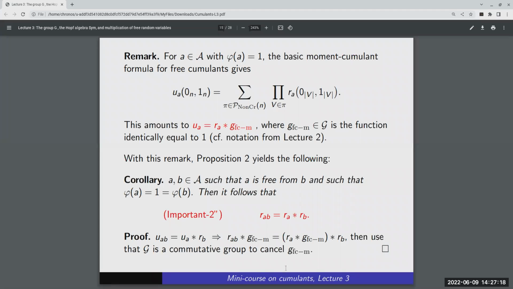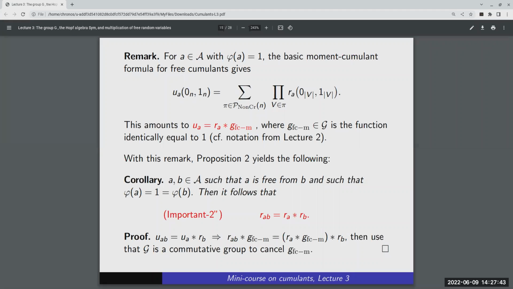U_A is written as R_A star this function, and it would seem that there is a bit of trouble, but there isn't, because this is a commutative group. So we can move G to the right hand side, and then multiply with its inverse, and we get precisely this formula. And what does this formula say?